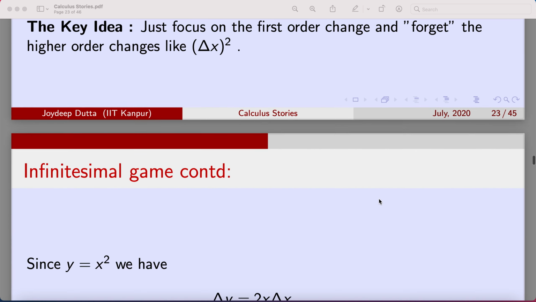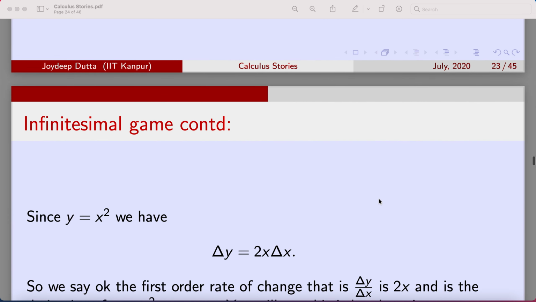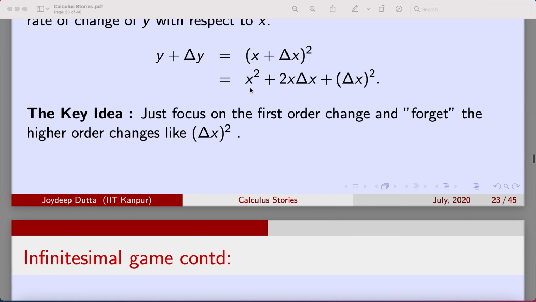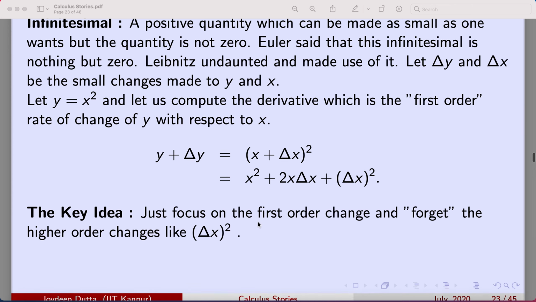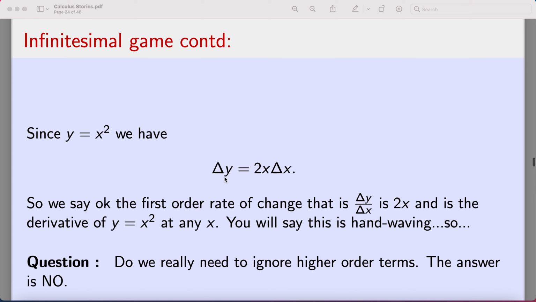So let the game be continued. What is x square here? x square is the same as y. So y and y will cancel. y is equal to x square, it will cancel. So what will we have? We will have delta y equal to 2x delta x. So Leibniz declared that the derivative is 2x.